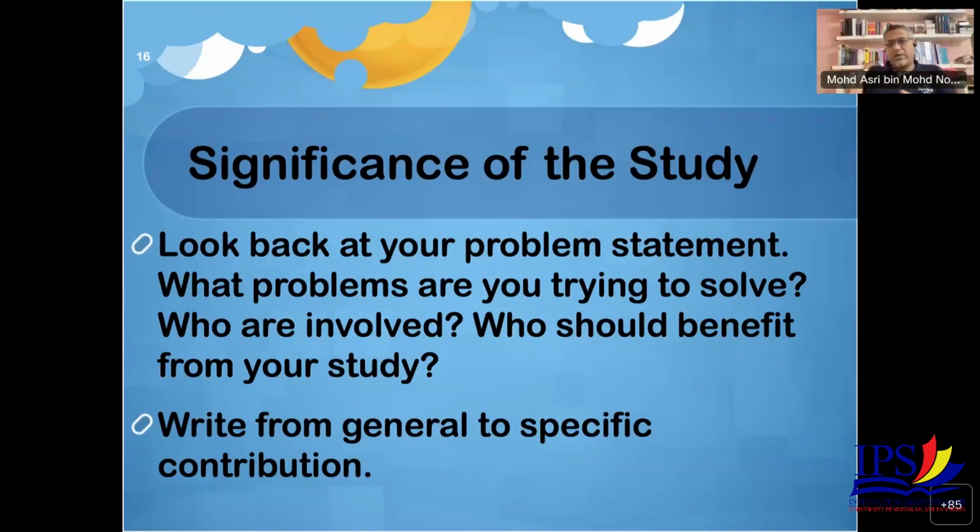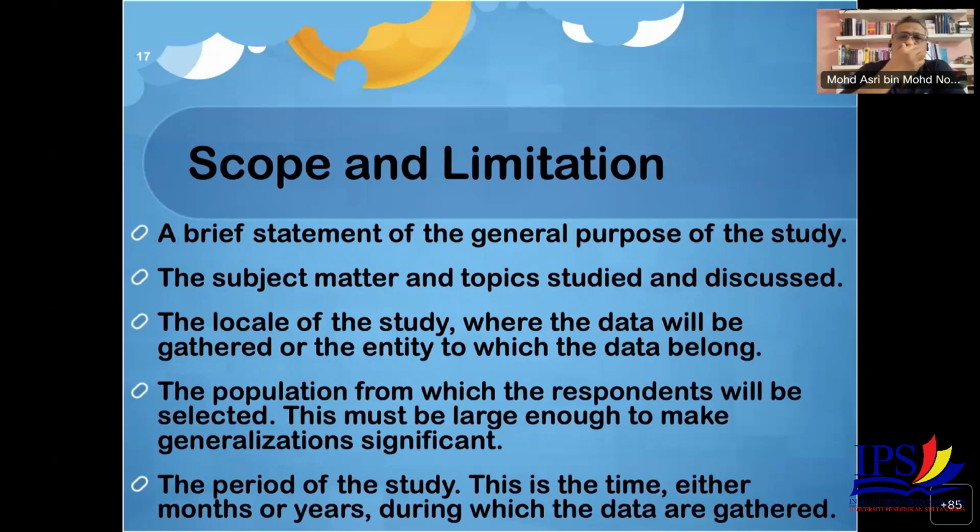You narrow down from general to specific contribution. So this is how you identify the significance of the study. Again, very simple. Look back at the problem statement. What's the problem? What are you trying to solve? Who are involved? And who will benefit? Who will get the benefit from your study? So work based on that to write your significance of the study.